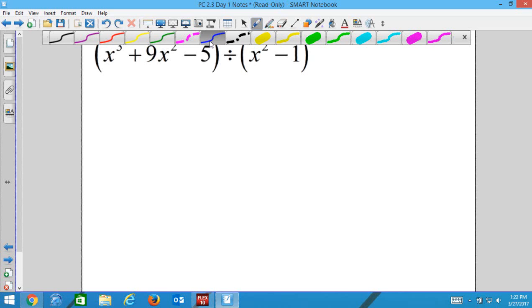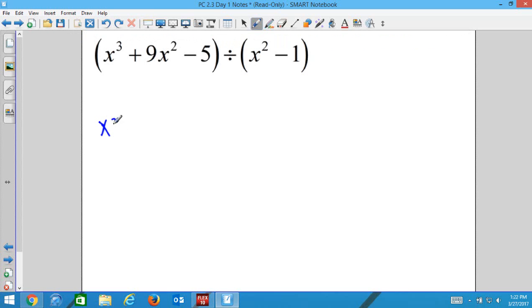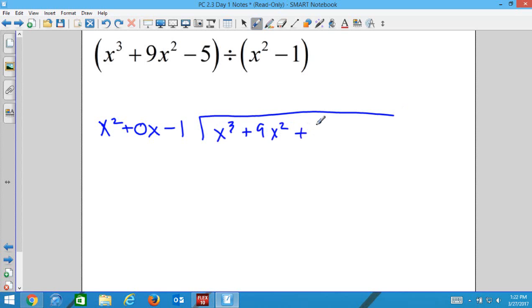All right, so we're going to divide this, but I got to put in placeholders. So I'm going to have x squared plus 0x minus 1 on the outside. So you can put placeholders over there too. And then x cubed plus 9x squared plus 0x minus 5.